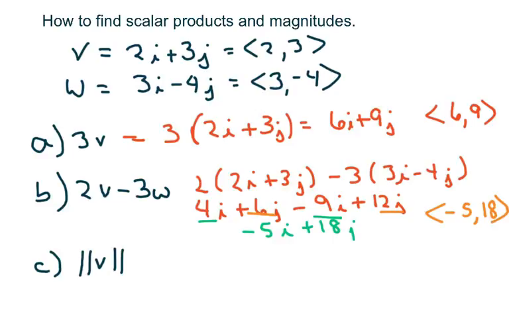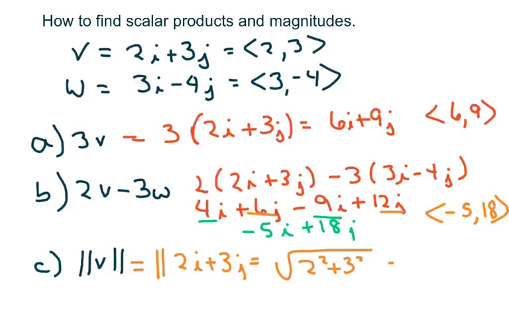Now the magnitude, remember, is the length of the vector, and we're going to take the magnitude of the vector v, and simply it's the square root of 2 squared plus 3 squared, which equals the square root of 13.